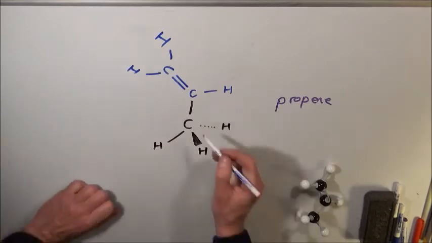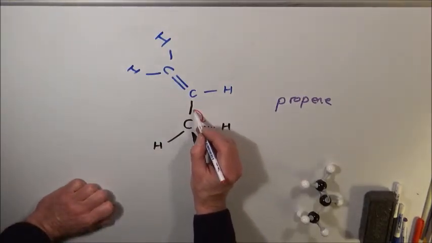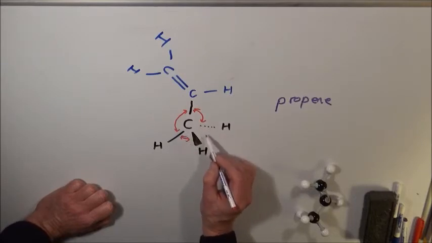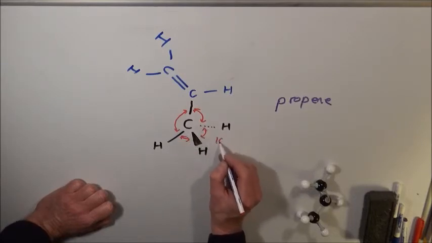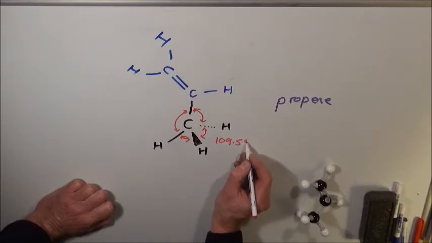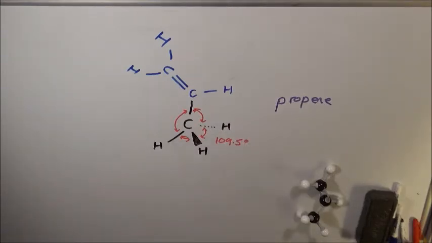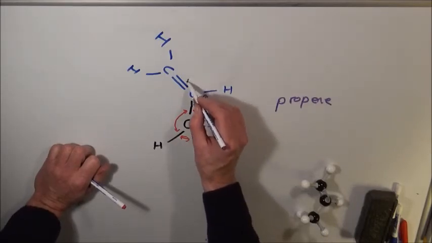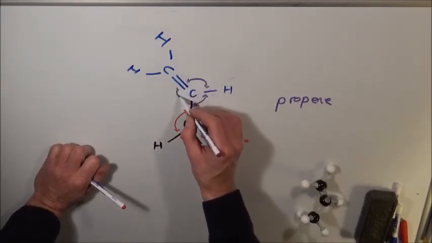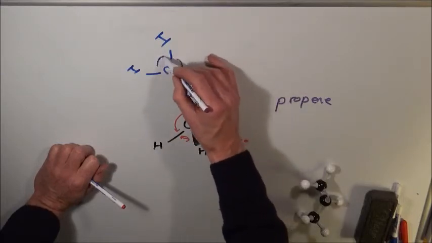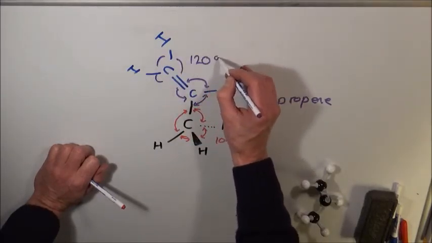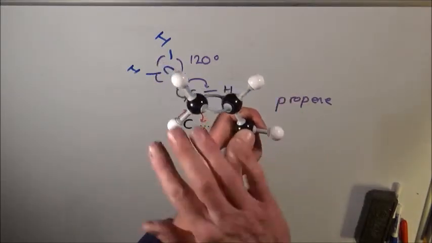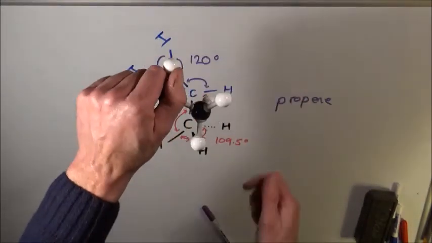So these bond angles are all 109.5. They are the tetrahedral part of the molecule, and then these bond angles are all about 120, and so are these, so they're 120 degrees. So that part of the molecule is planar, this part is tetrahedral.